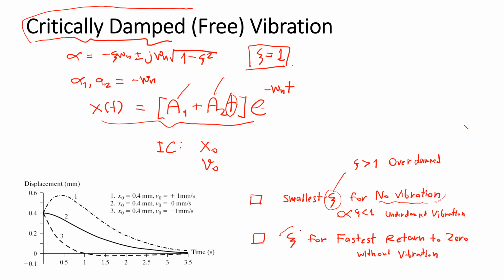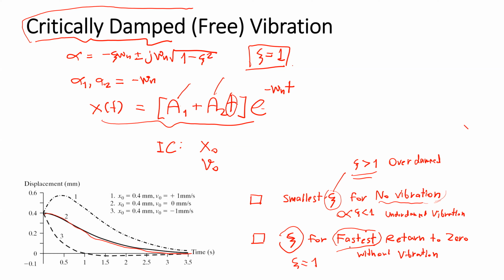If the damping ratio is equal to 1, the displacement will return to 0 fastest compared to when the damping ratio is more than 1.